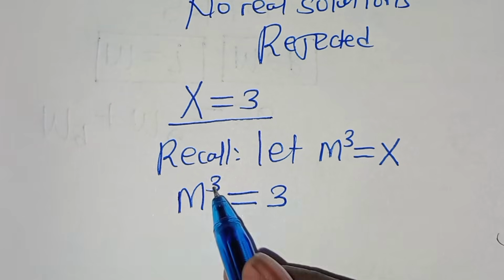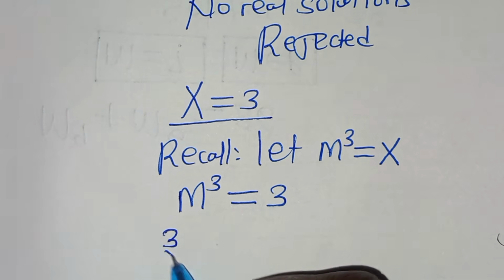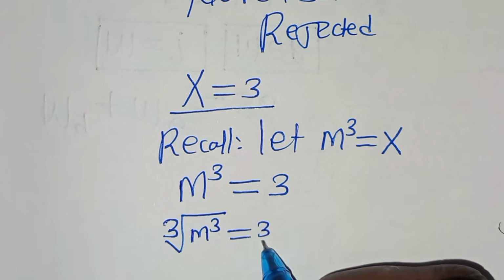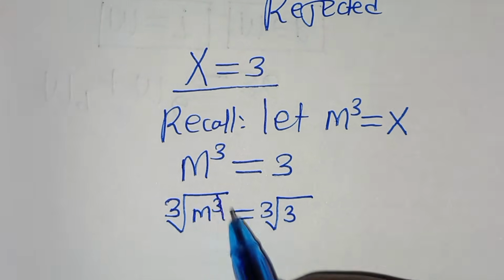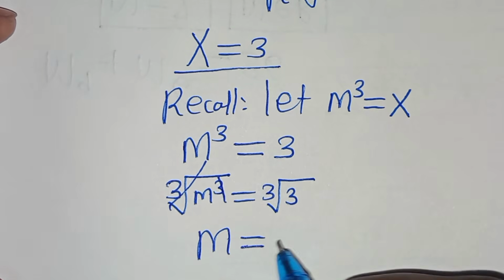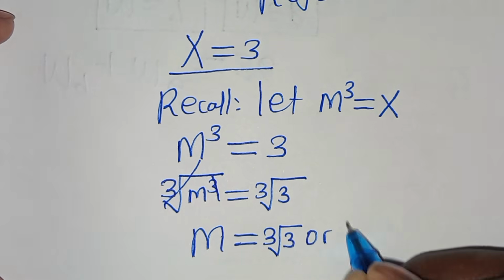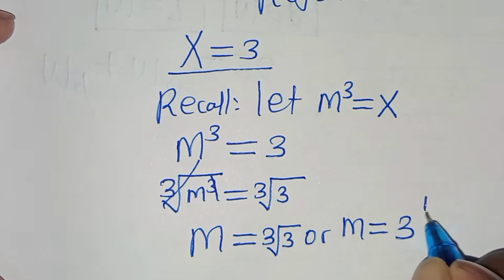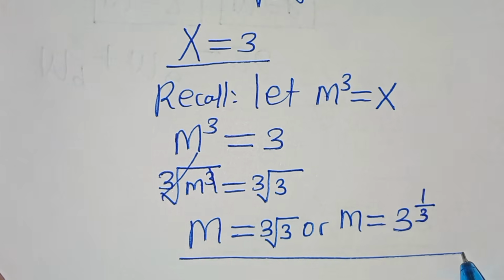So for m here, let's introduce a cube root on both sides, so that we have the cube root of 3. This means we can eliminate the cube root sign here, so that m is equal to the cube root of 3, or we can express m as 3 to the power of 1 over 3. This is the value of m.